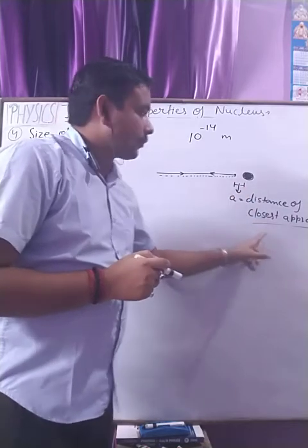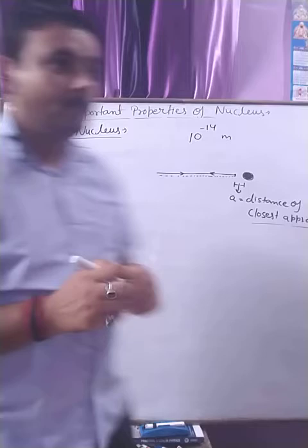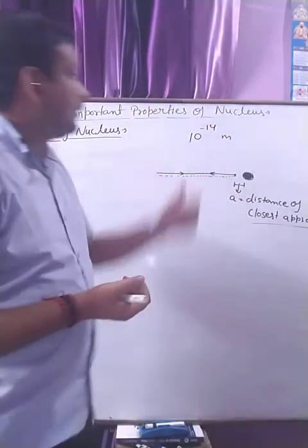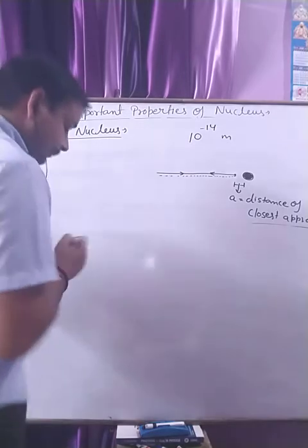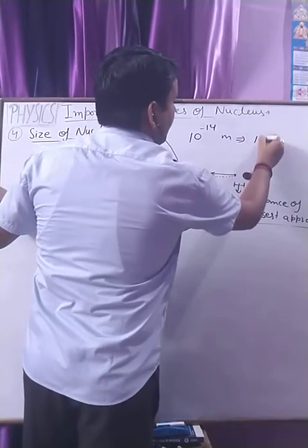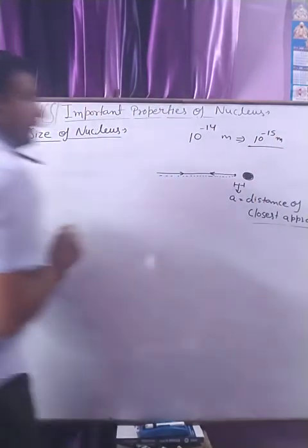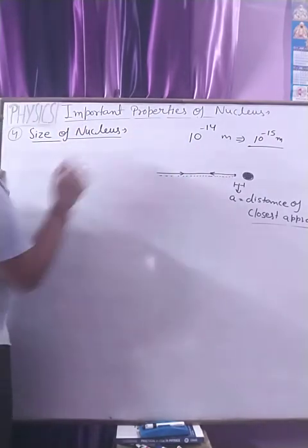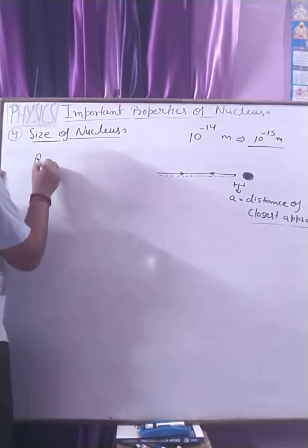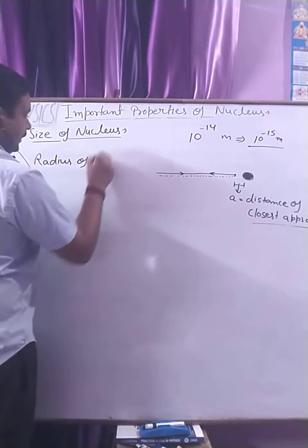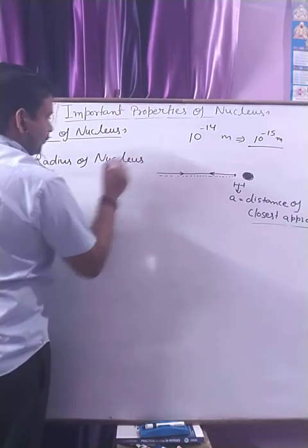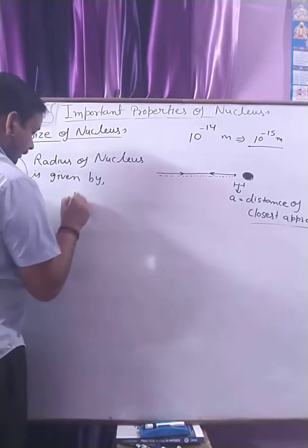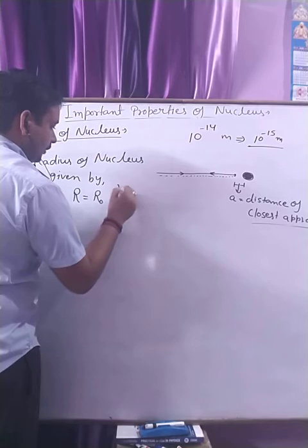On the basis of this distance, in the order of 10 to the power minus 14 meter, it is assumed that the size of the nucleus is less than this, about 10 to the power minus 15 meter, and for this we derive a formula that the radius of the nucleus is given by R equals R naught A to the power 1 by 3.